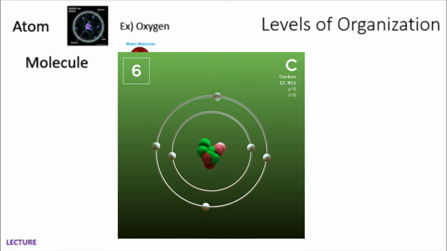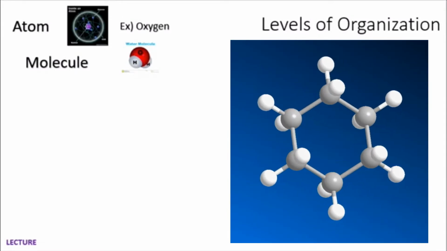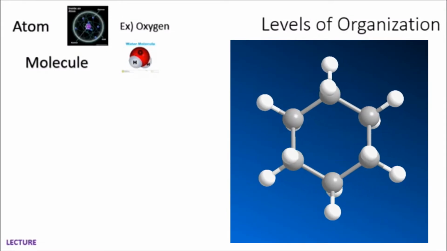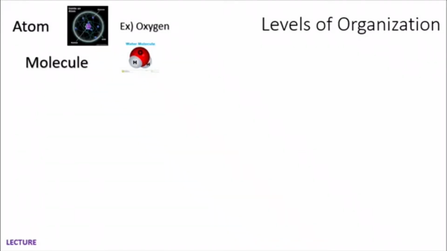Atoms will come together to form molecules. Water is a very important inorganic molecule that we're going to talk about. It's not organic because it doesn't have carbon. You have to have carbon to be an organic molecule. Water is a polar molecule, which is going to set up a lot of the interactions that we have in the body.